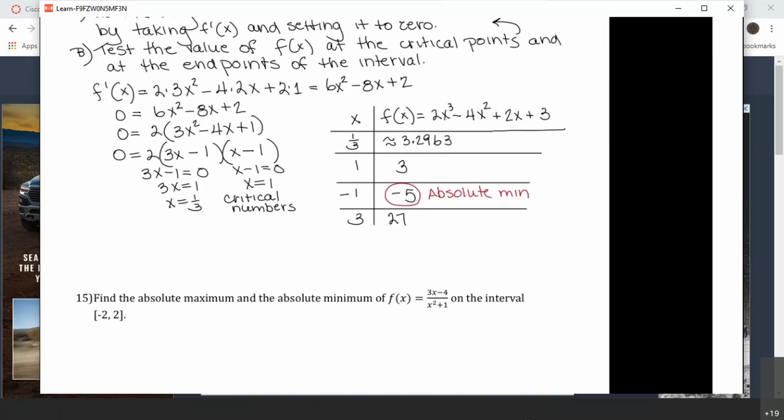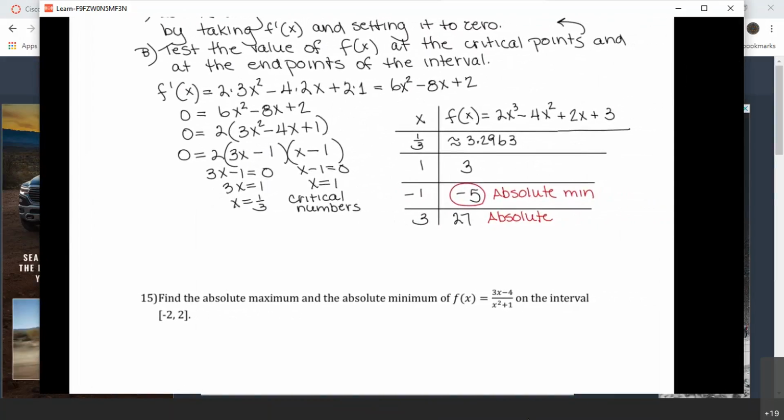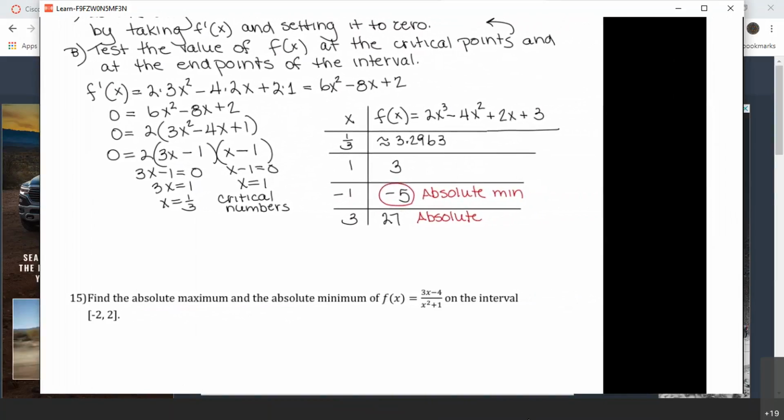And then the absolute maximum value on this interval actually happens at the left endpoint. I mean, the right endpoint. And that's 27.